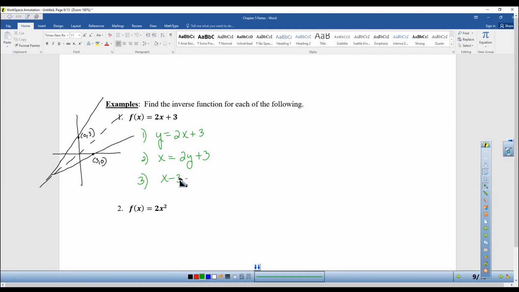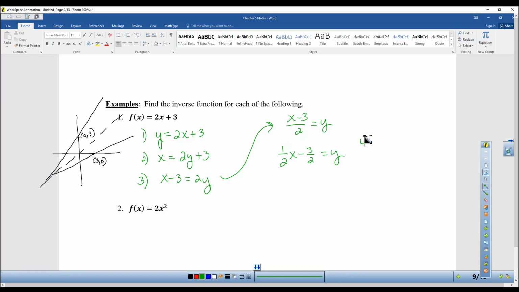So x minus 3 is equal to 2y. And then x minus 3 over 2 is equal to y. And so you can see that it is this equation. I am going to rewrite it as 1/2 x minus 3/2 is equal to y. So you can see the slopes were like that. Oops, I do not want to box that yet.